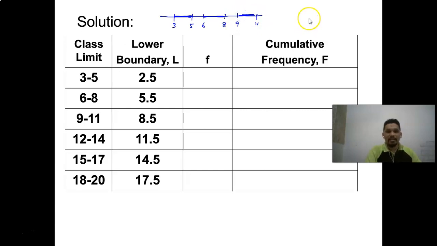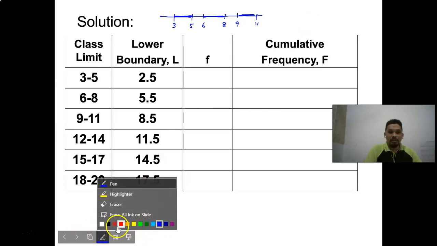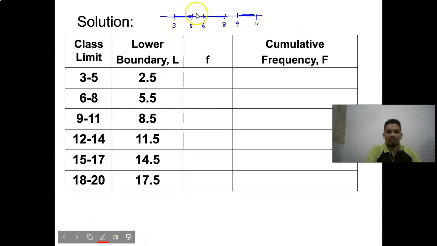Okay, so then there is a boundary that divides these two classes, which is the midpoint between 5 and 6, and also here.